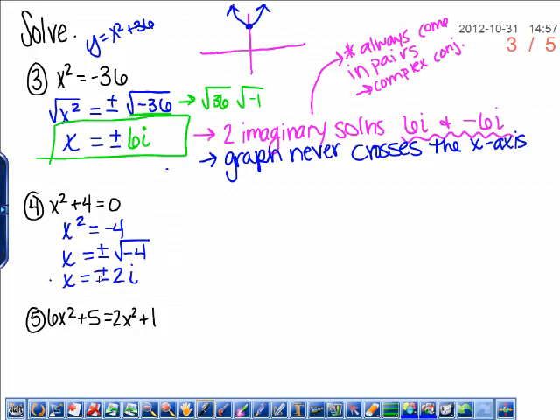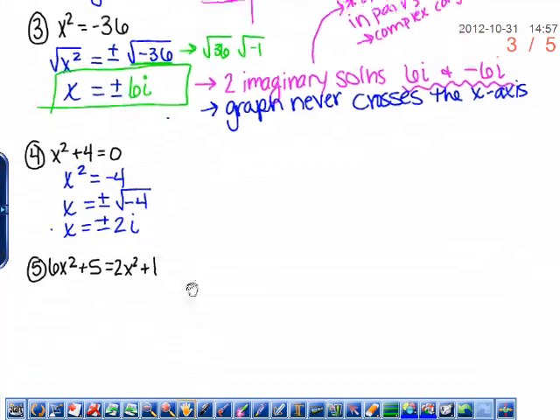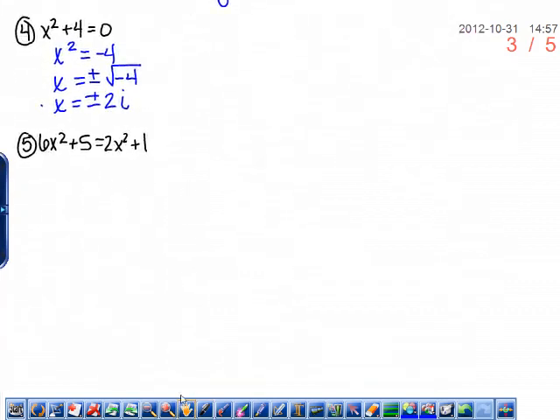Okay. Let's look at 5. 6x squared plus 5 equals 2x squared plus x. Do I have any b values here? Like, do I have any single x terms? No. So this is one that I can solve just using square roots like we've been doing. So do I have to set it equal to 0, or could I just get the x squares on one side and the numbers on the other side?